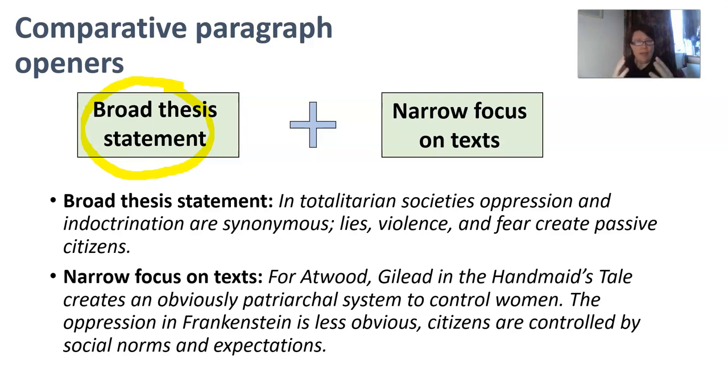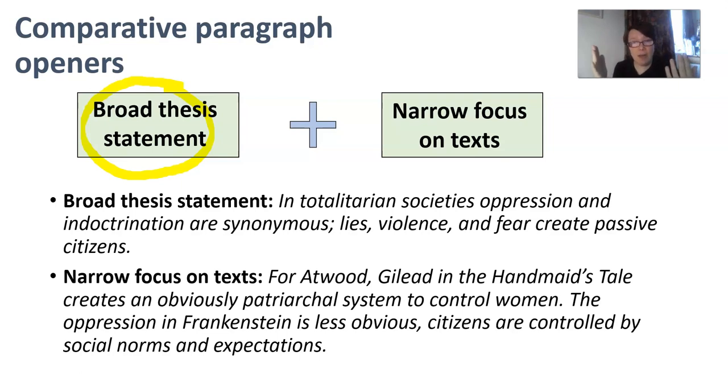All right, so you've got that. Then you've got your narrow focus on the text. So you've got your broad thesis statement. Then you get into text one. And for this example, it's The Handmaid's Tale. For Atwood, Gilead in The Handmaid's Tale creates an obviously patriarchal system to control women. And then my comparison.